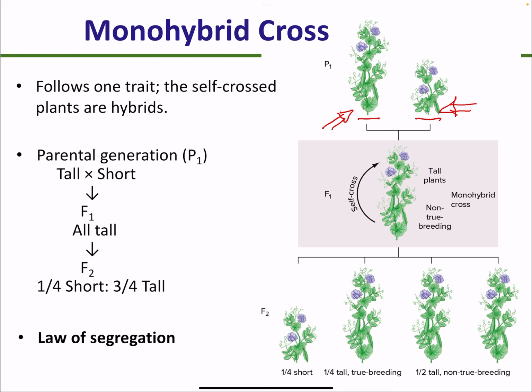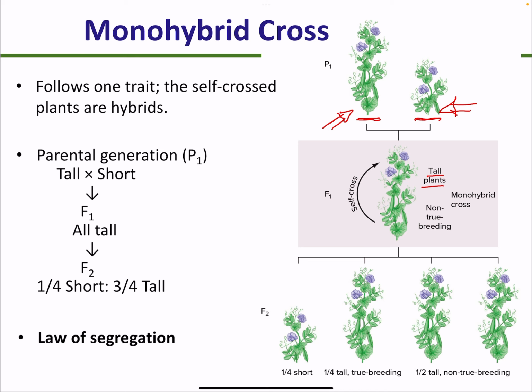Having made sure that he's starting with true breeding plants, he then crosses a true breeding tall and a true breeding short. When he brought the two together, he noticed that the first generation was made up exclusively of tall plants. So all plants were tall. No plant was short.